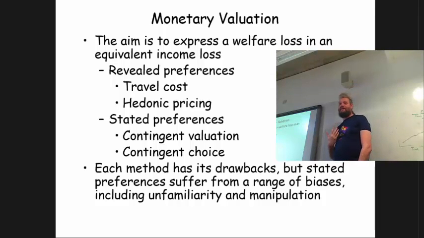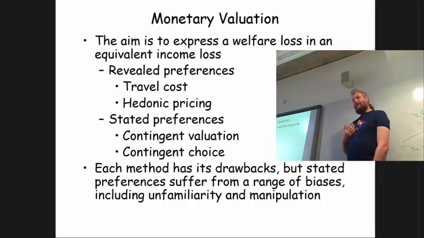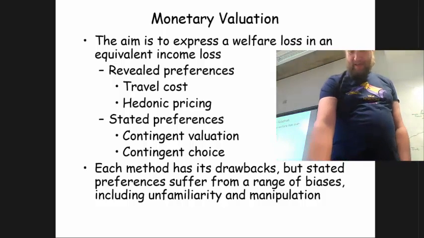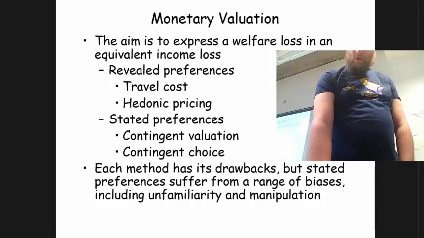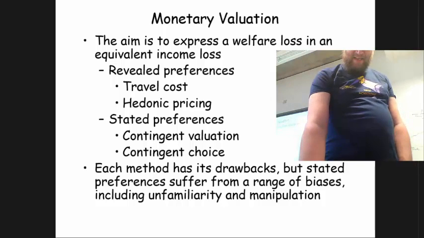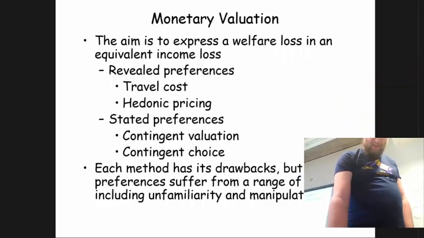But the big problem there is that they're stated preferences rather than revealed preferences. You essentially do not ask people to pay for the good or service that you're trying to value, and therefore they can give any answer. They may lie deliberately or they may simply not know the answer and give you one nonetheless.